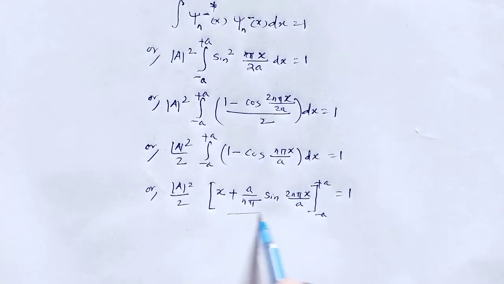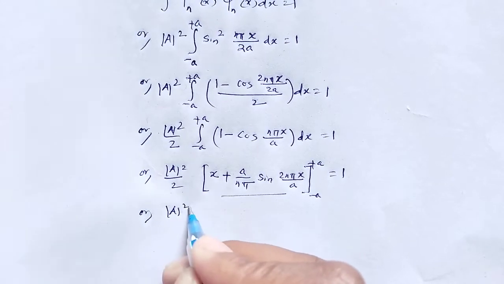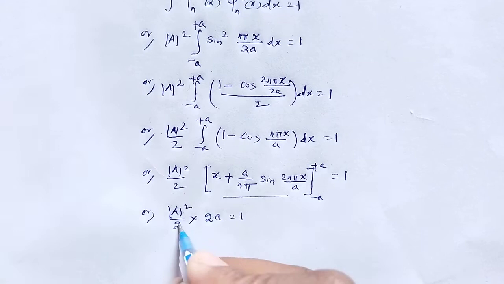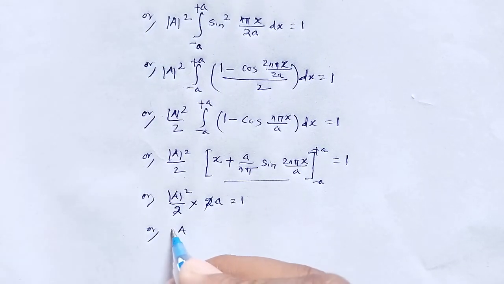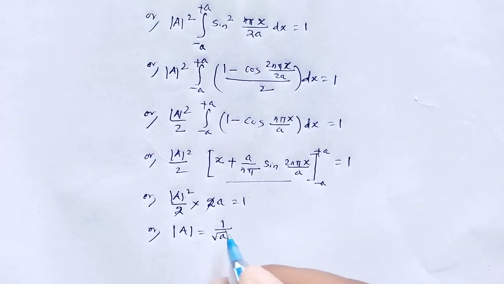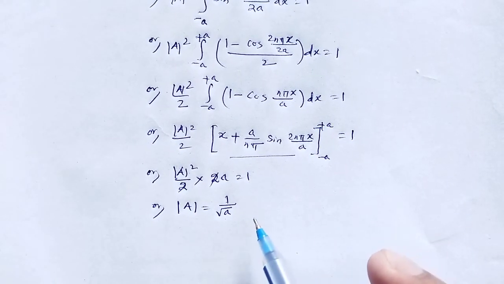That value is 2a, equal to 1. The 2 cancels out, so the value of a is 1 by under root of a. Now the constant a is evaluated as 1 by under root of a.